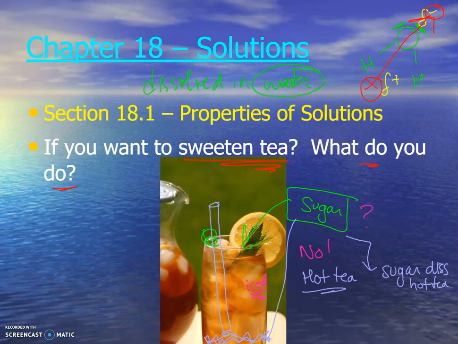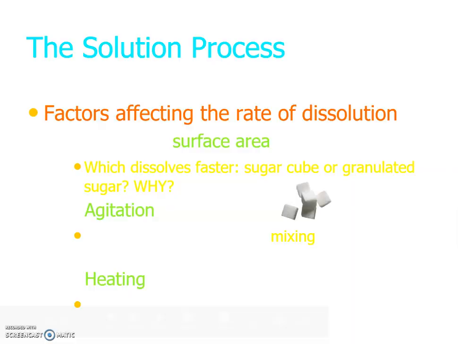So how do Starbucks and Dunkin' Donuts and all those places get sweetened iced tea or iced coffee? They use liquid sugar. They use a dissolved sugar slurry, and they pour that in, and then they end up getting it sweet.